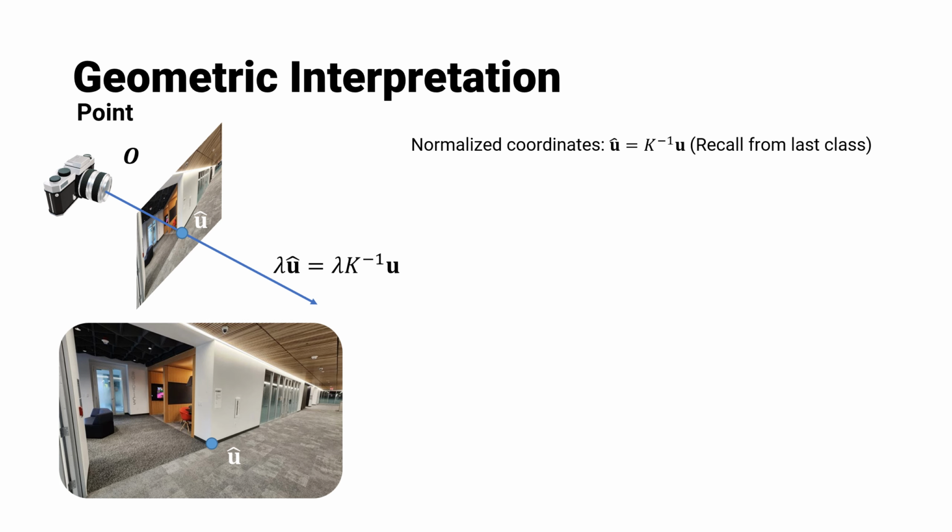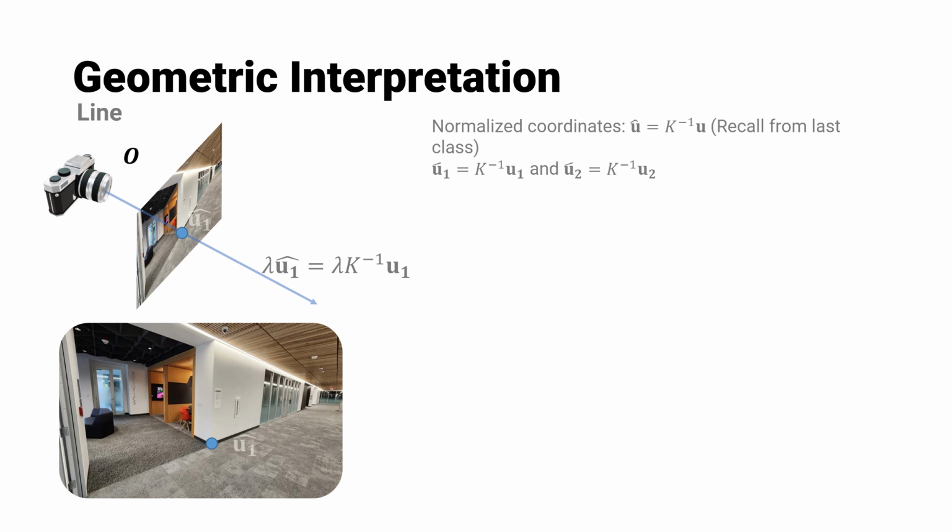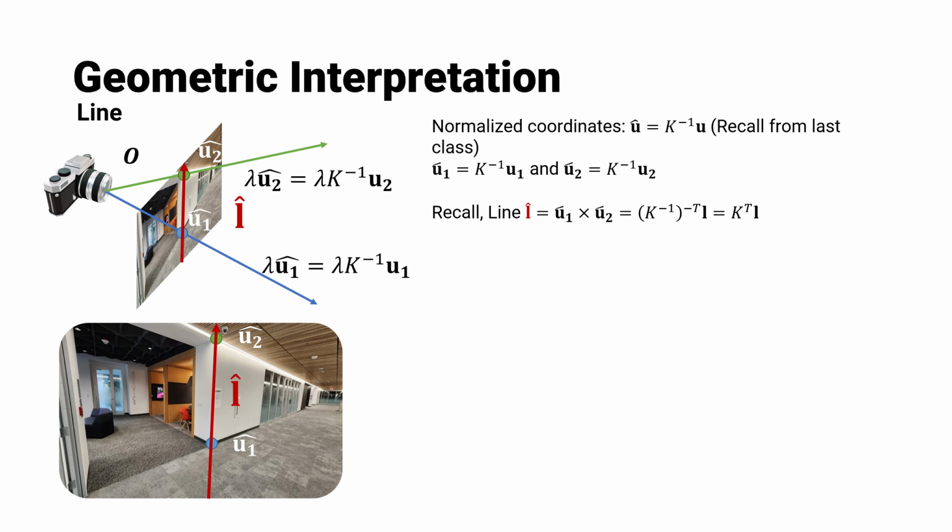I would urge you to watch the camera models video for this to be more clear. And we can write this for two different points. And the line between them is basically the cross product, remember, just from the previous few seconds. So we are going to get the line which is the intersection between u1 hat and u2 hat, and we are just going to cross product the things together and get that directly.